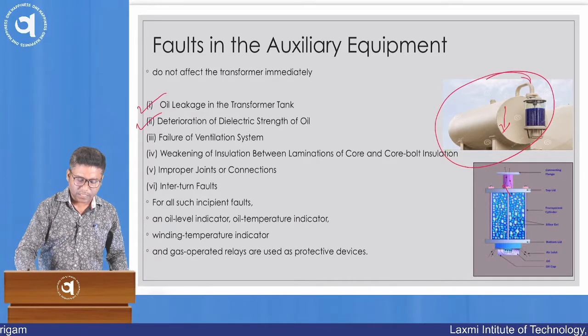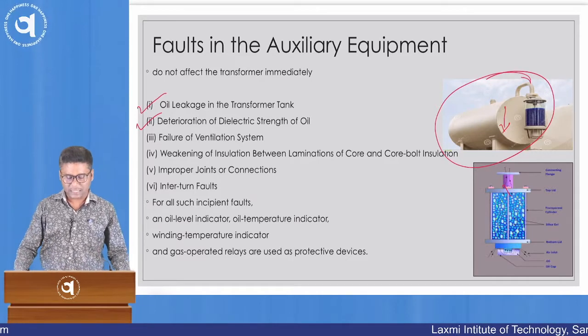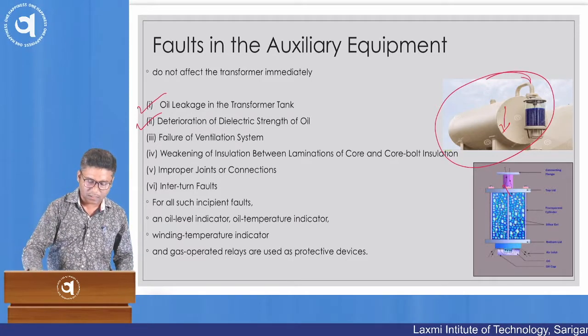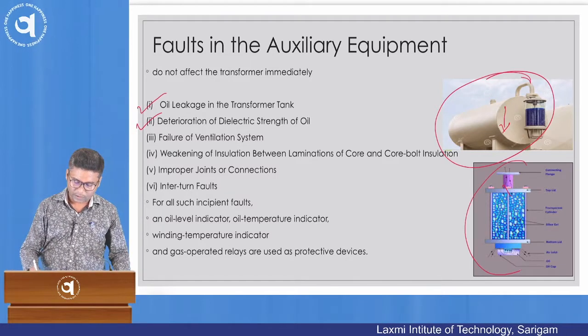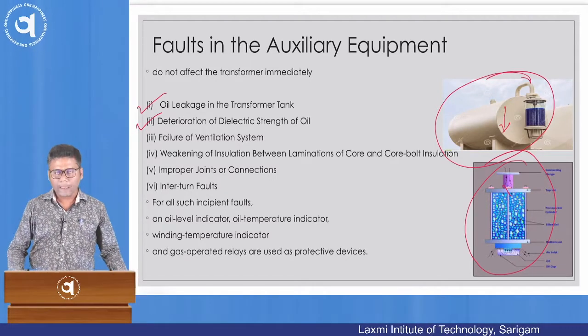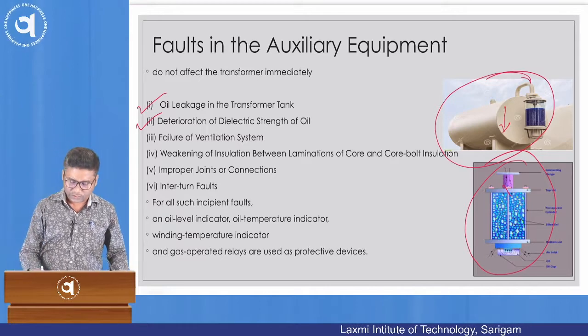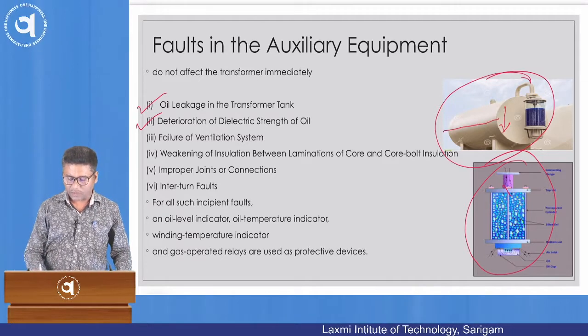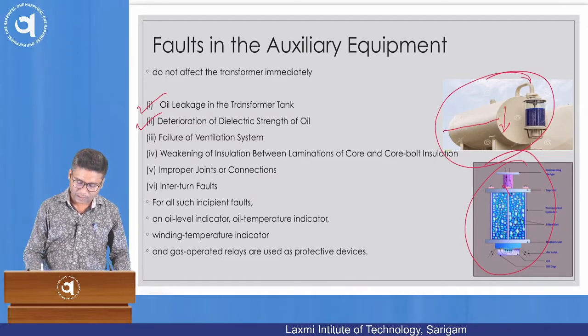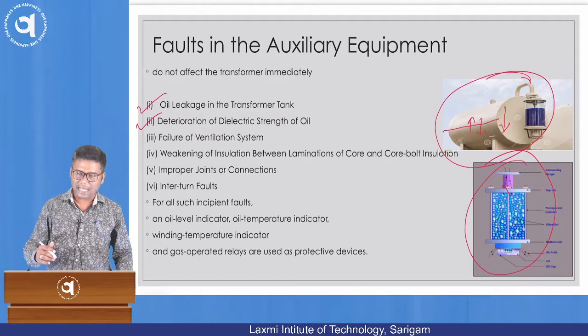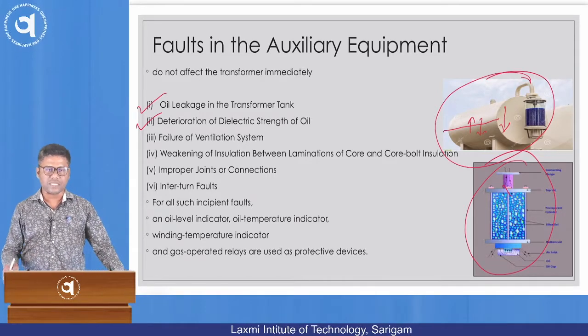Deterioration of the dielectric strength of the oil is generally due to the failure of a device called a breather. This conservator tank is half empty, because due to the load variations, the oil level in the conservator tank sometimes goes high and sometimes goes down, and that oil level keeps on changing.